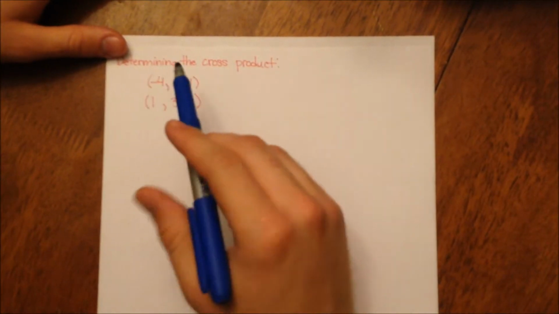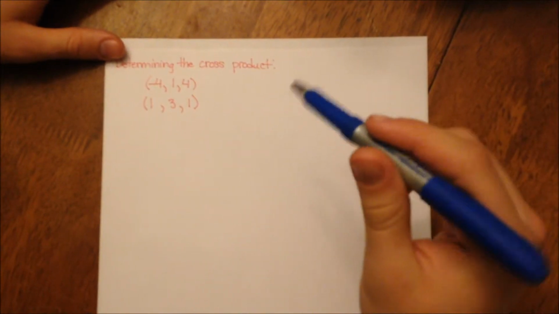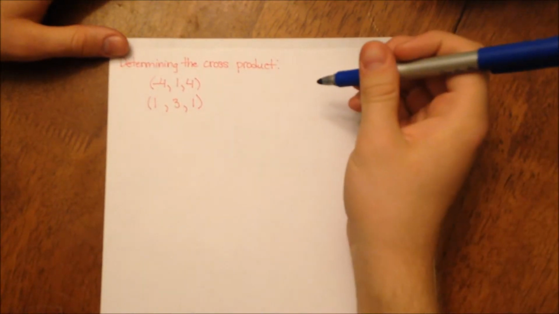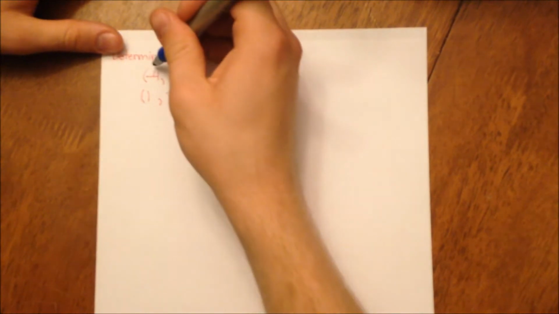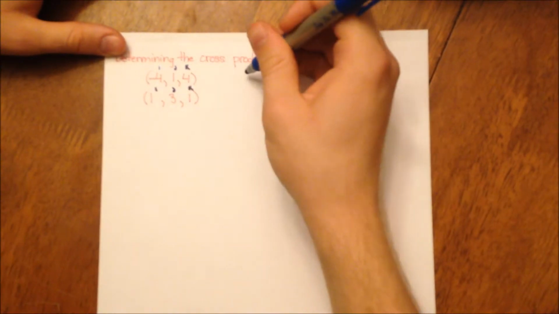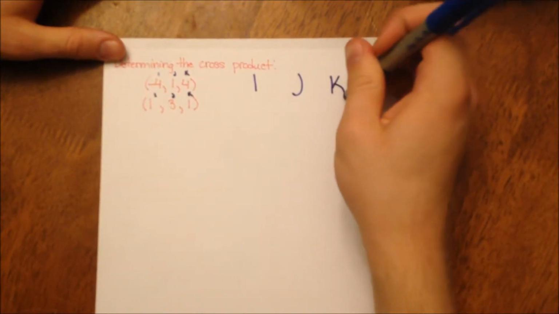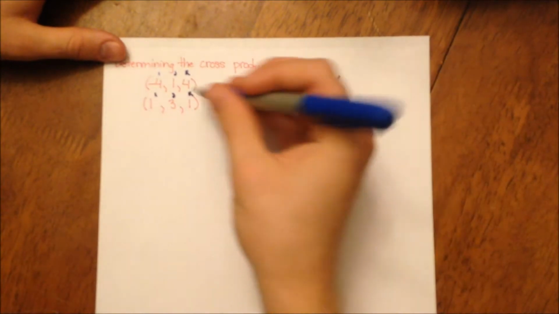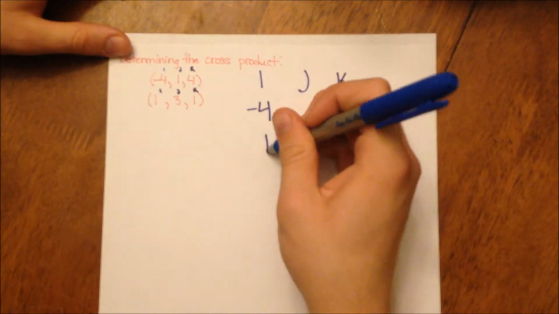Alright, so we're also going to need to know how to find the cross product later whenever we're doing orthogonal directions. So to find the cross product, it's also really easy. You just notate the points i, j, k, and that's i, j, k as well. And then you make a graph almost. You take each point and take your i's, it's negative 4, and my next one's a 1.